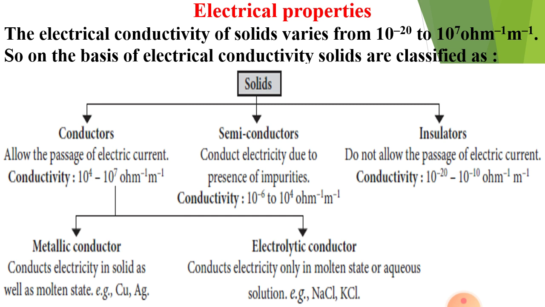Those solids which allow the passage of electric current and have conductivity range from 10 to the power 4 to 10 to the power 7 ohm inverse meter inverse are known as conductors.